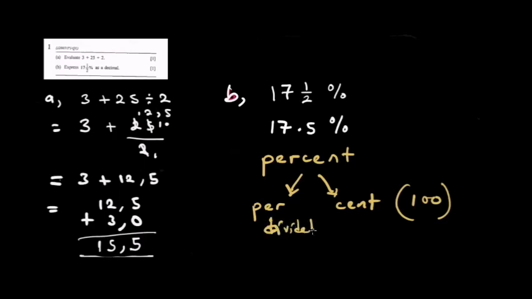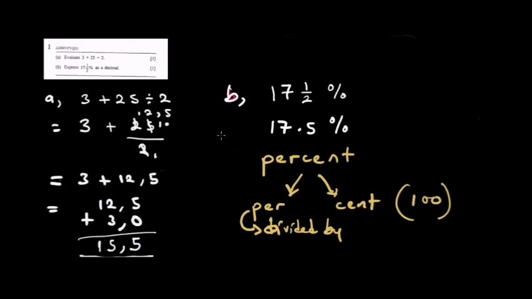Divided by. And we can take this from physics, for example, when we say that the units of acceleration, it's meters per second squared. That is meters divided by the square of the second. The unit of velocity, it's meter per second, meter divided by second.